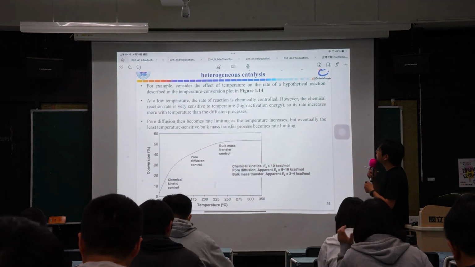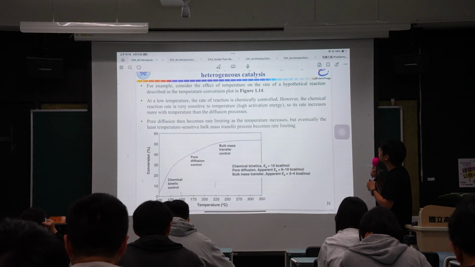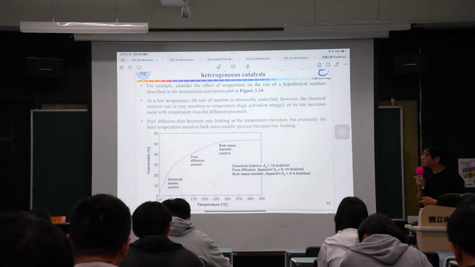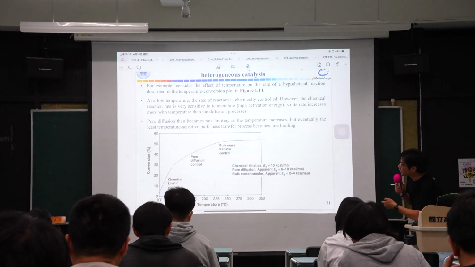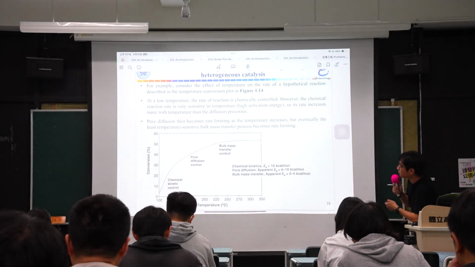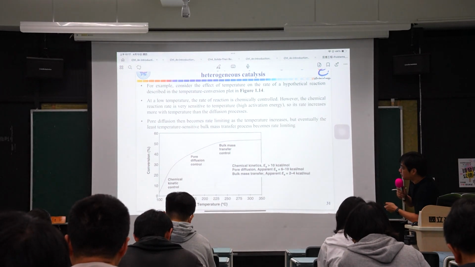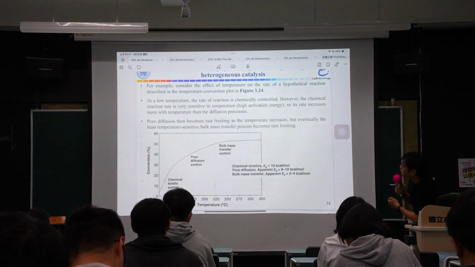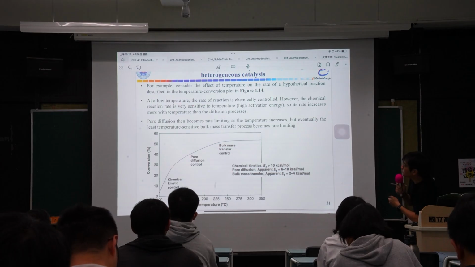Consider the effect on the rate of a hypothetical reaction described in the temperature conversion plot. You can look at this plot. The y-axis is conversion, the x-axis is temperature. At low temperature, the rate of reaction is kinetic control.